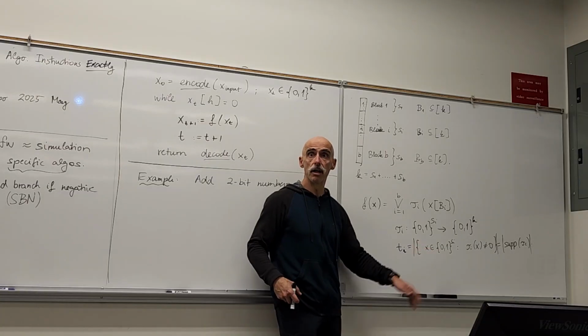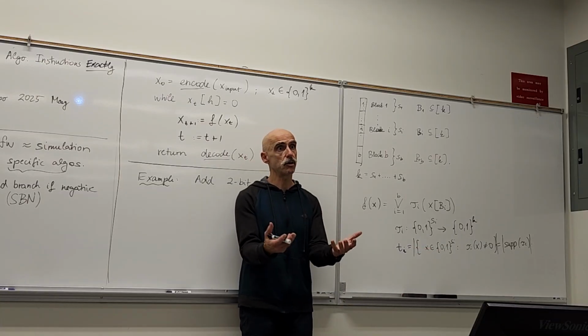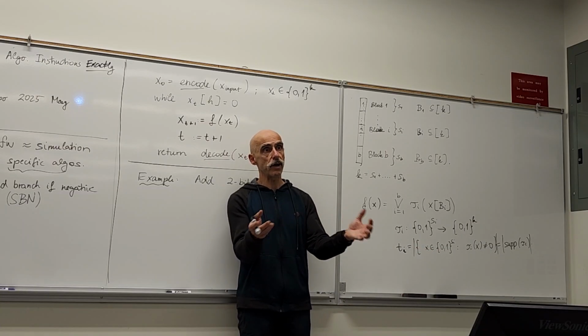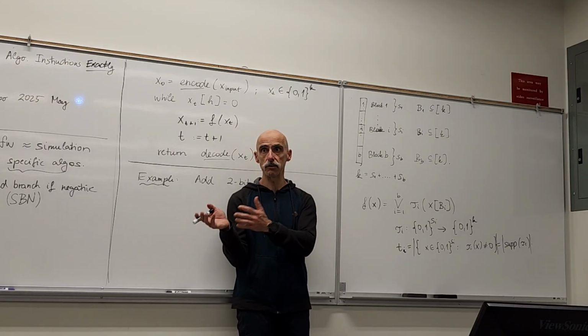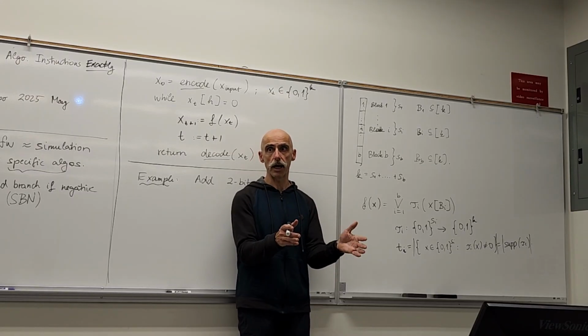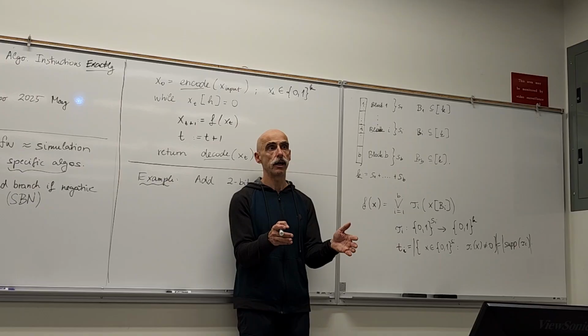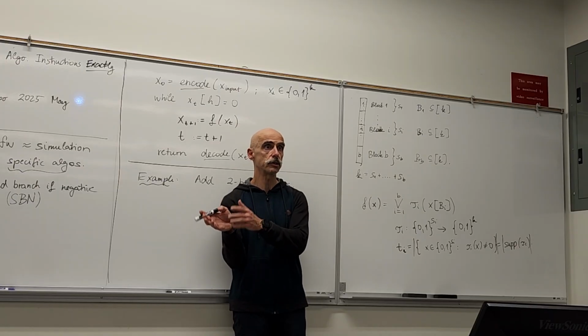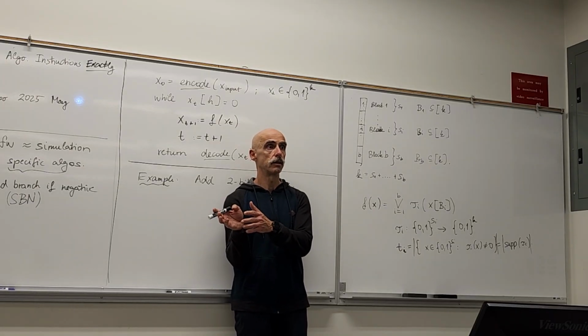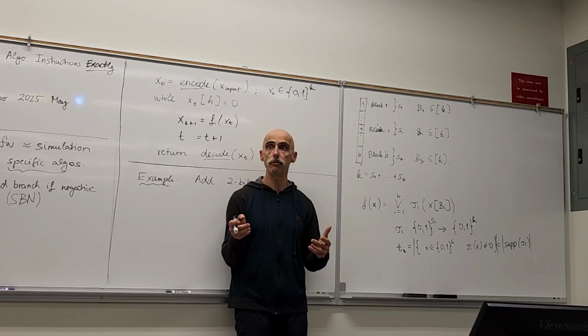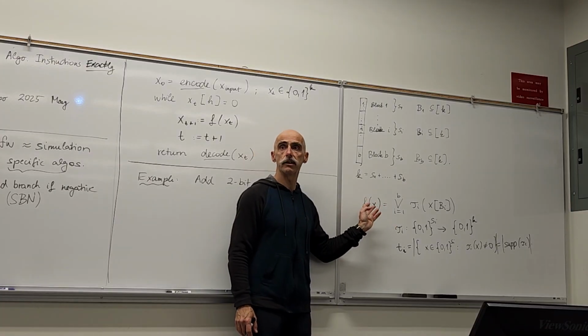For each of them, I should record what is the vector on which this function is non-zero, and I should also record what was the response. And then this information uniquely identifies the function f.